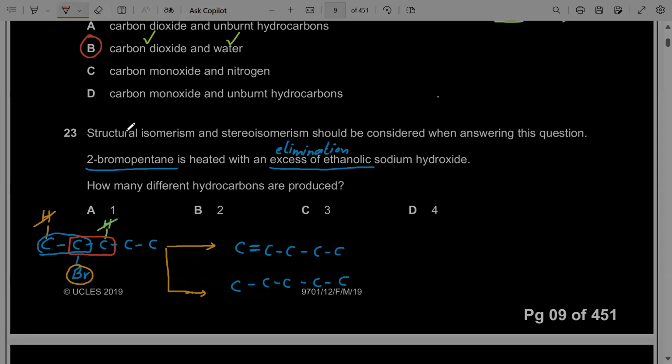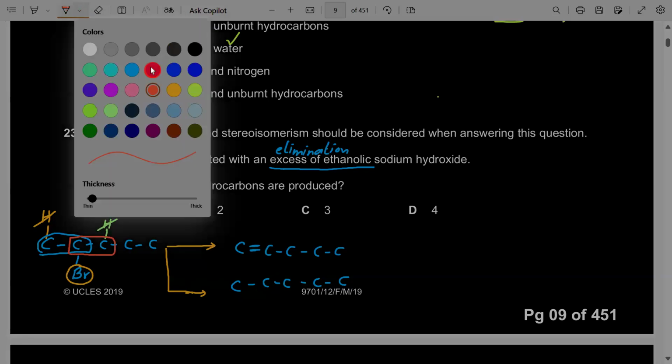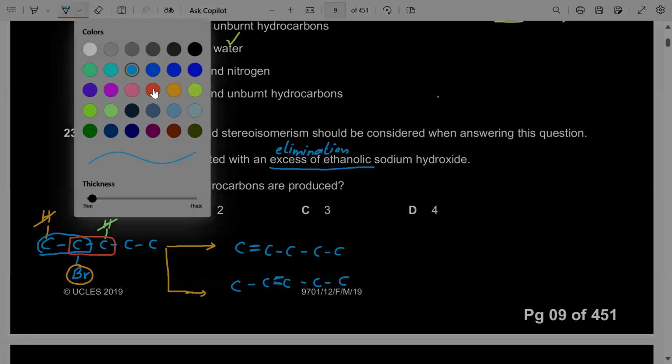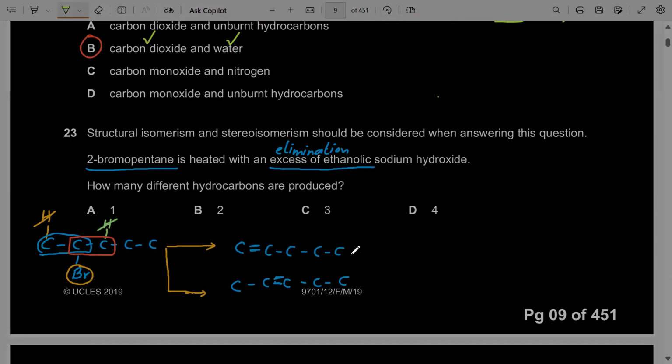So I need to indicate the double bond here. Double bond will be produced between these two carbon atoms. Okay. Now next, I have got these two compounds. If you look closely here, we have a double bond between these two carbon atoms and a double bond between these two carbon atoms in this next structure.